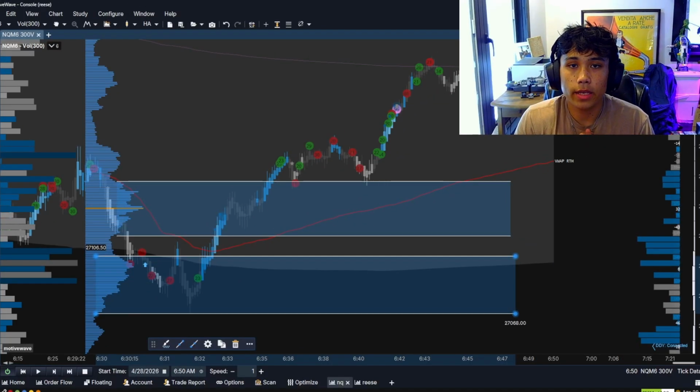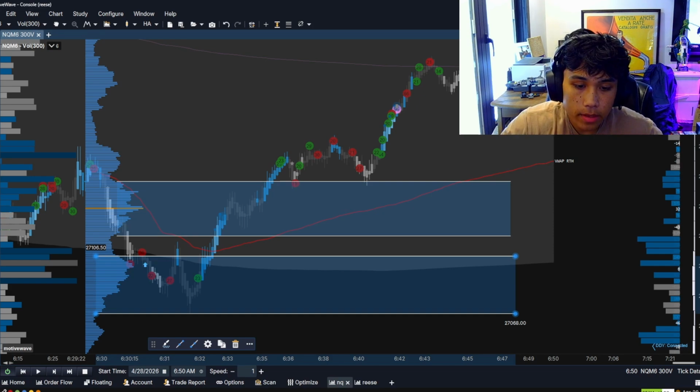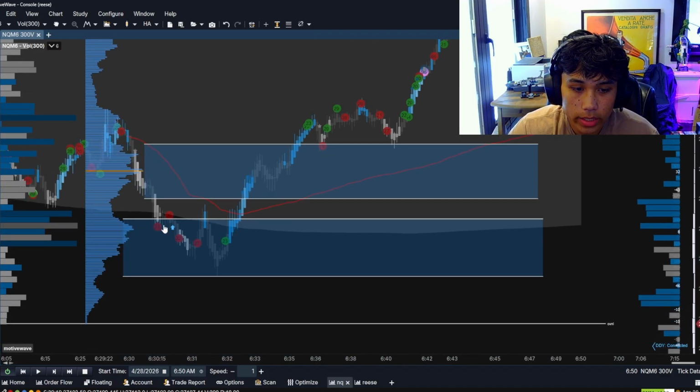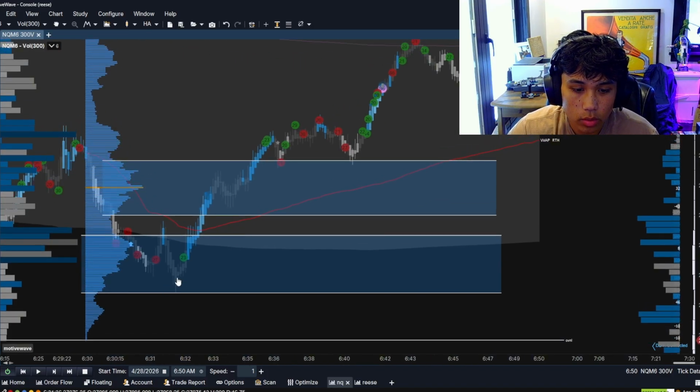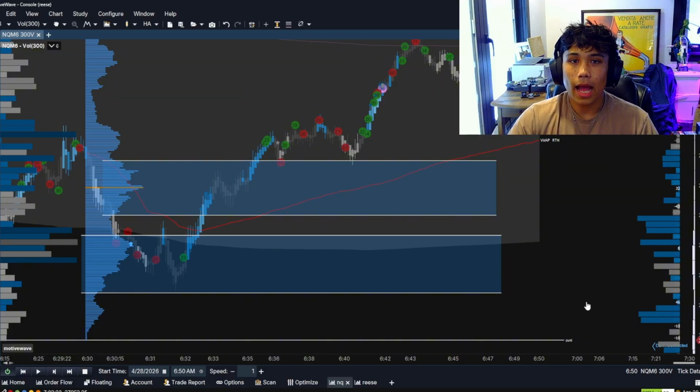Okay, now that I'm looking at the real market, I can show you how I saw auction market theory today. You can see how we come into this balance here, move up, test the high of the balance, then move back down to the other side of the balance to move into a new balance. Like auction market theory states, we trade in between the ledges of the high volume nodes, which are the volume profile.